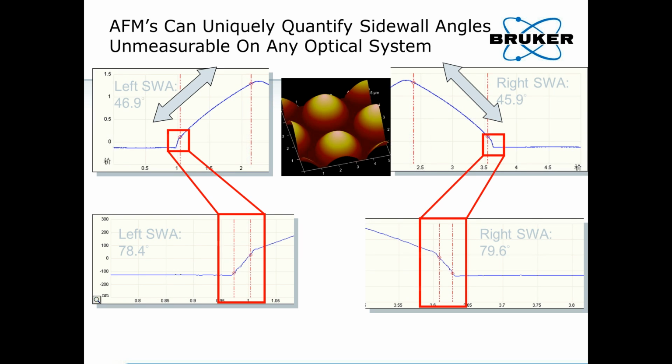AFMs have the unique capability to measure the full 3D profile of the PSS structure. As you can see here, we're able to resolve the differences in sidewall angle ranging from 45 degrees at one part of the feature to 70 degrees for another part of the feature.